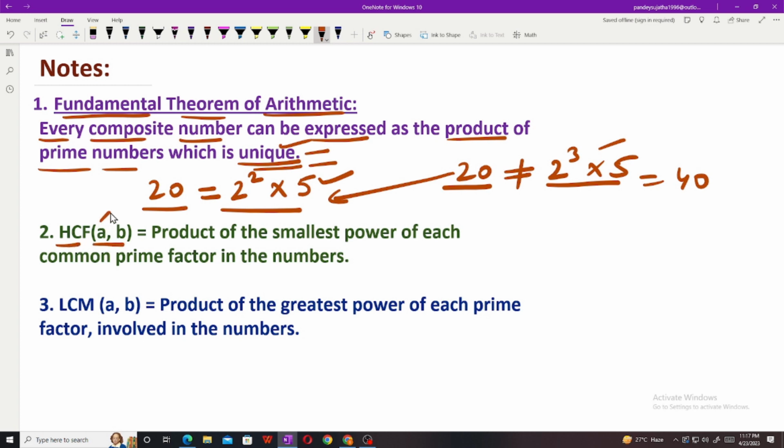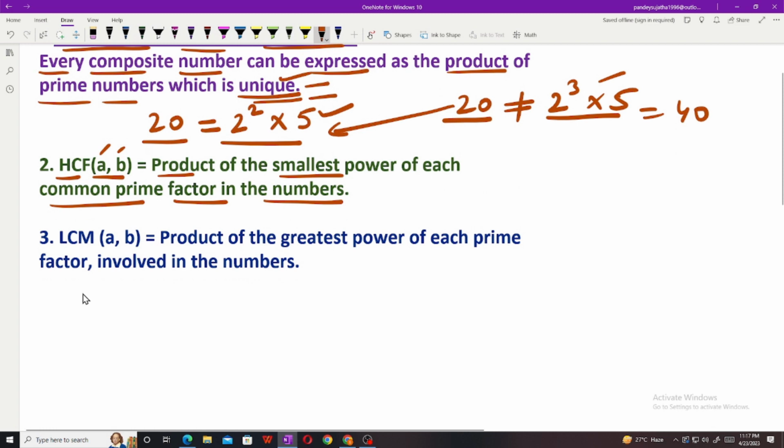Here I have taken the two numbers as A and B. The HCF will be equal to the product of the smallest power of each common prime factor in the numbers. For example, if I take the numbers 45 and 150, the prime factors will be, we know that 45 is 5 into 9 and the prime factors of 9 is 3 square.